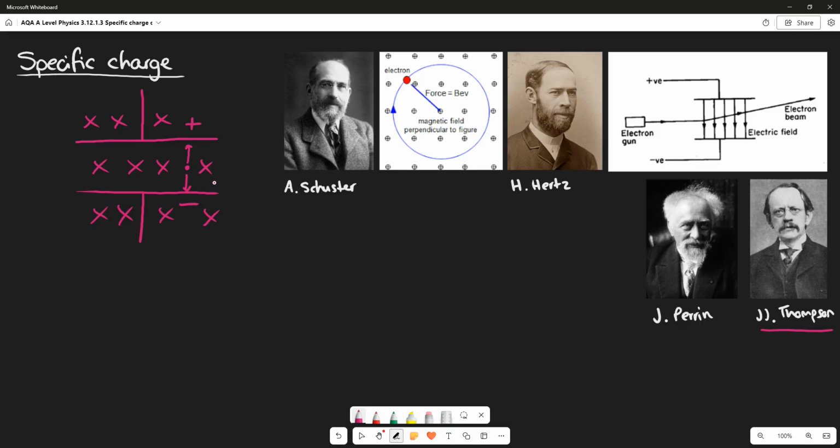And he balanced these effects so that the line of electrons was undeflected.